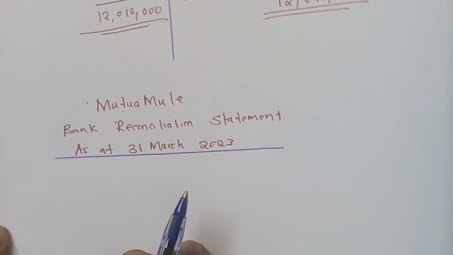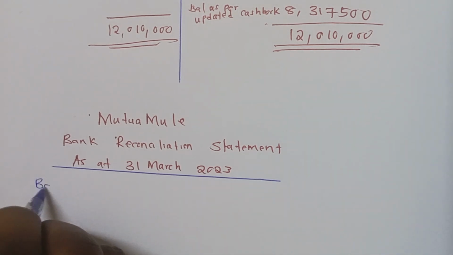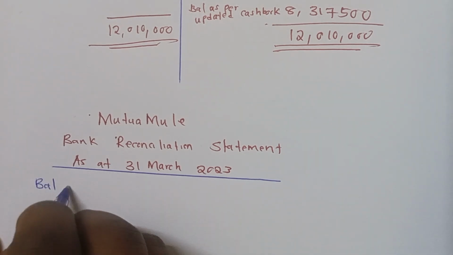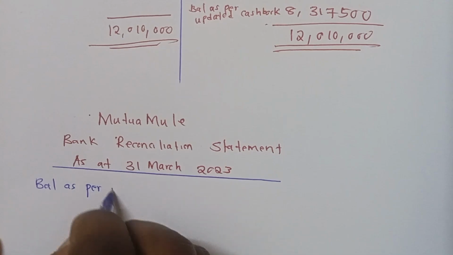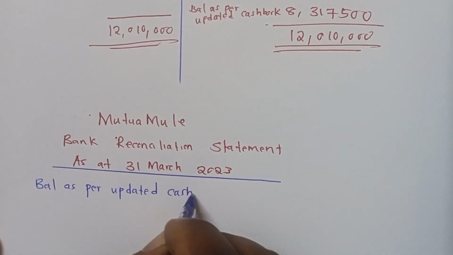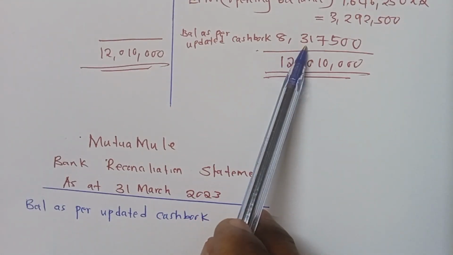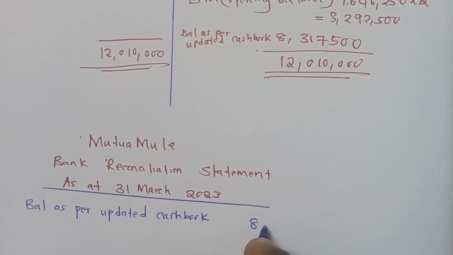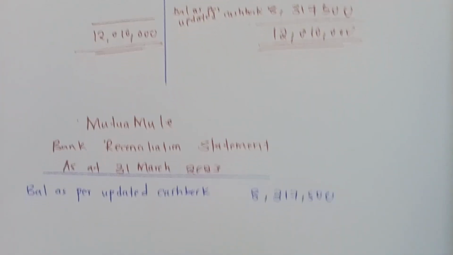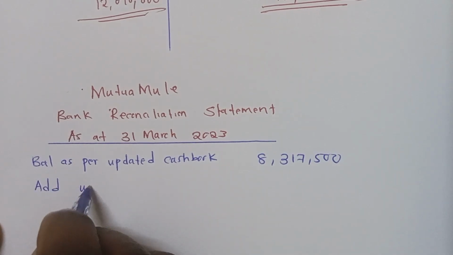Now, the first item is the balance. We write balance as per updated cash book, which is 8,317,500 shillings. Now we need to add the second item, which is unpresented checks.